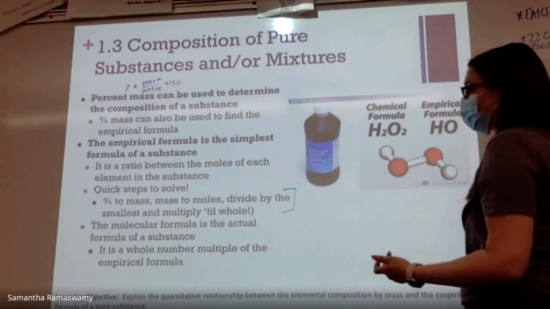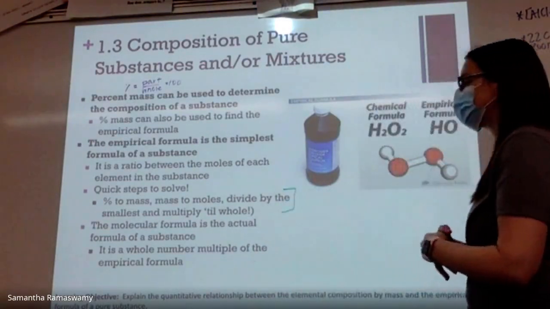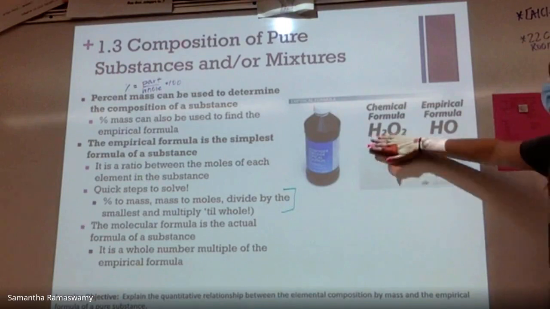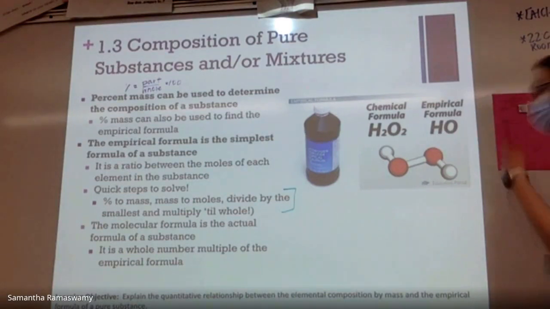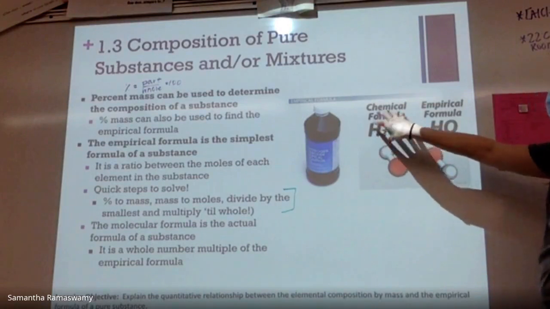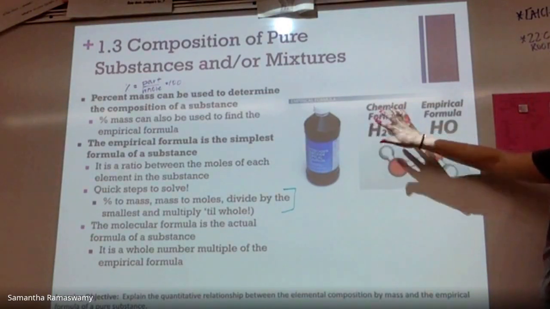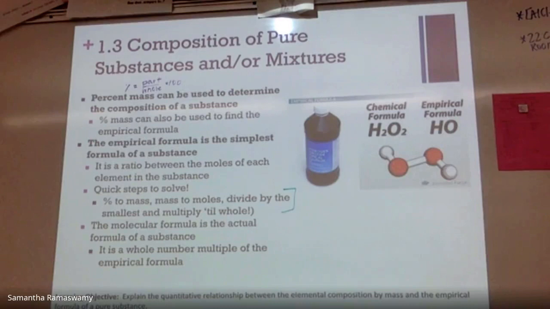The molecular formula is the actual formula of a substance. Notice how H2O2 is 2 times the empirical formula. So the molecular formula is a multiple of the empirical. If you know the empirical formula and the mass of your molecular formula, you can figure out the actual molecular formula, because the molar mass of H2O2 is twice as much as the empirical formula.